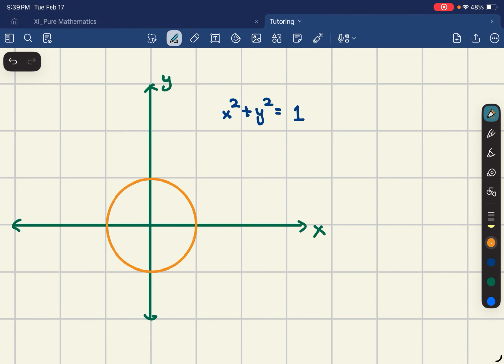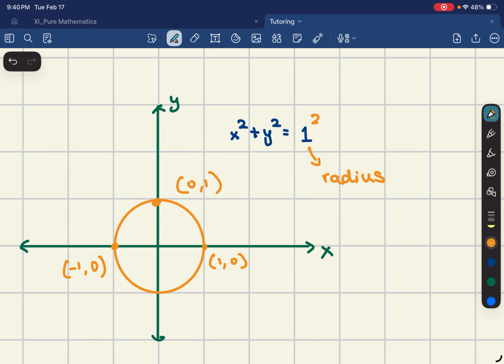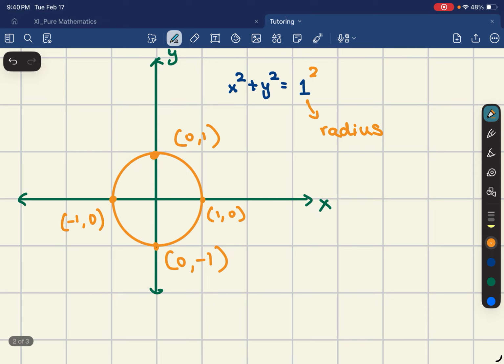But this circle, now this is 1, 1 squared. So this is actually the radius. So we have 1 comma 0, minus 1 comma 0, 0 comma 1, 0 comma negative 1. So yes, if I draw a vertical line at x is equal to 0, then it actually cuts my graph at 2 points.